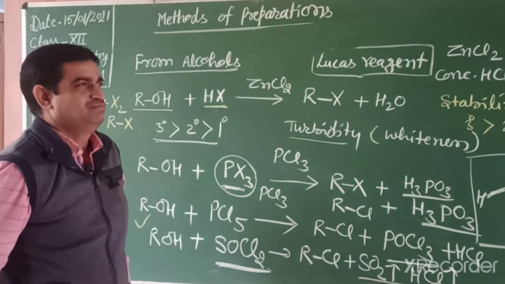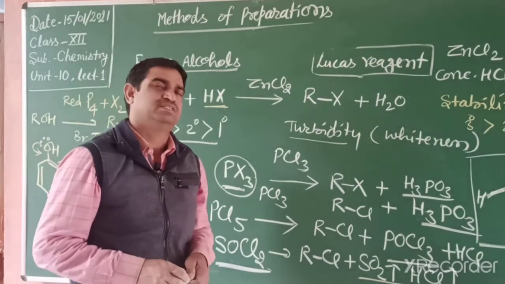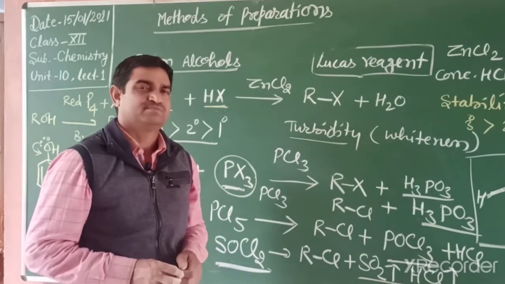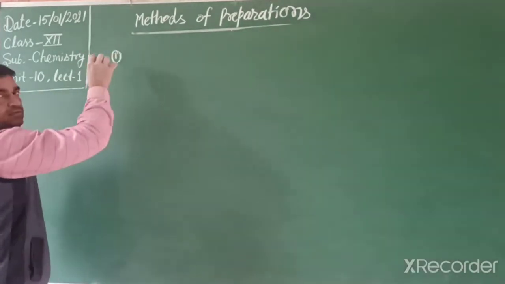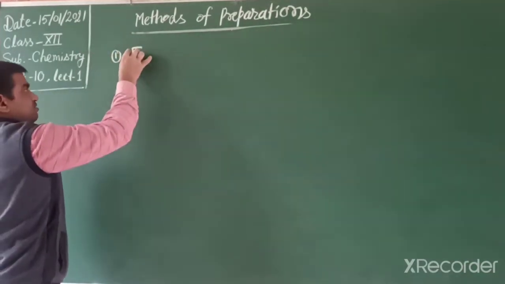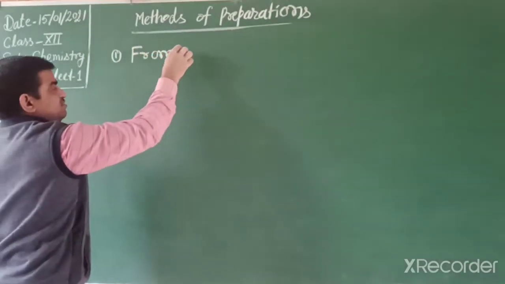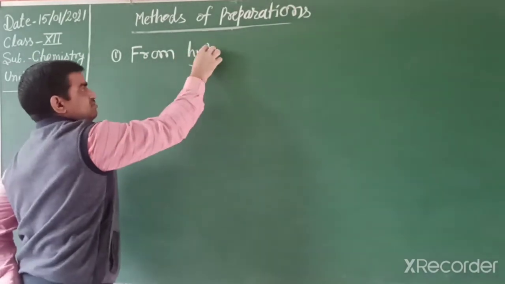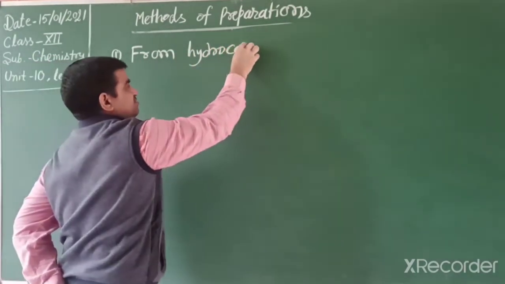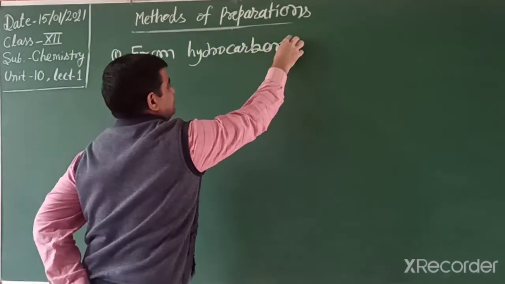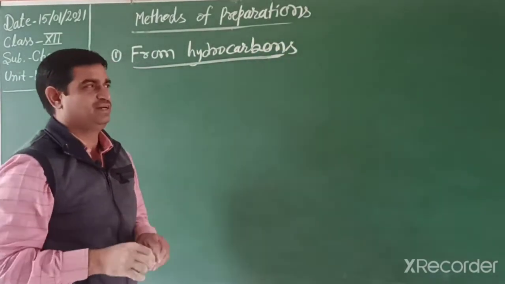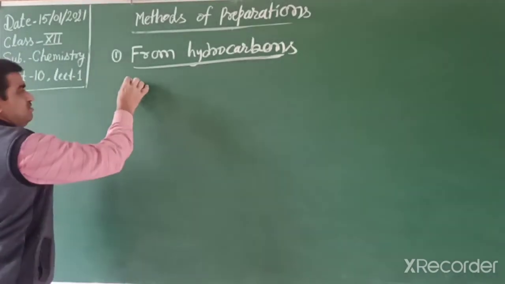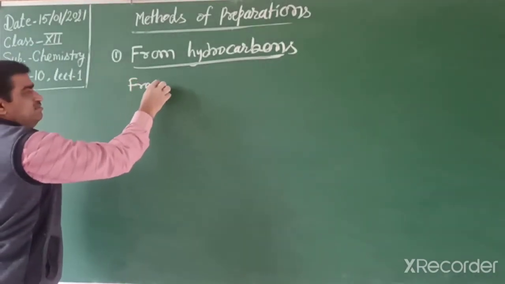Now we will explain the methods of preparation from hydrocarbons. From hydrocarbons, the first method is free radical halogenation.